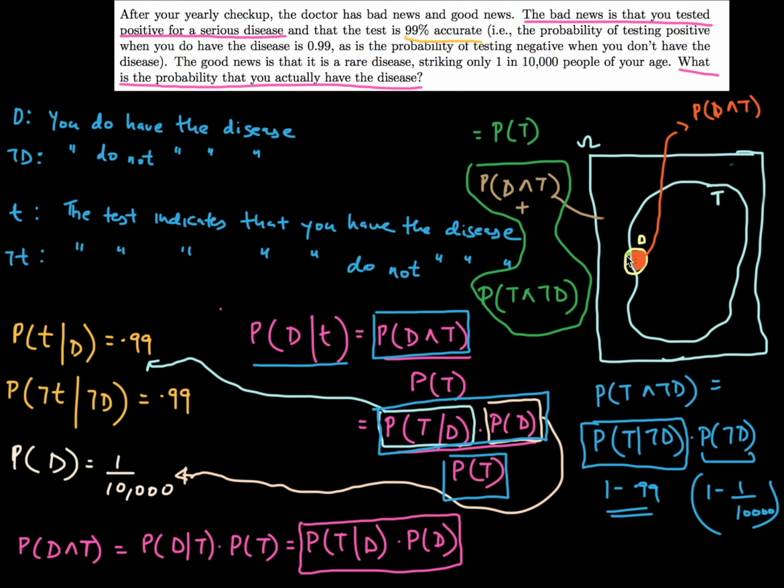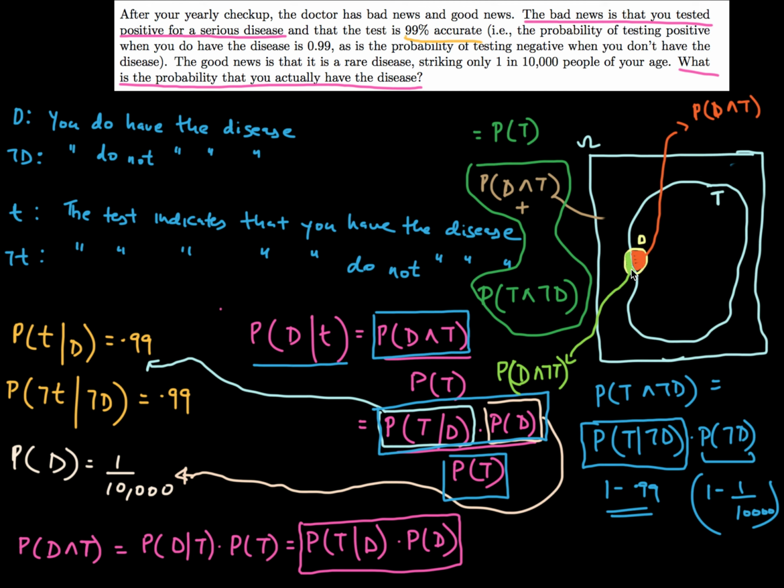This piece in green here, these individuals also have the disease, but keep in mind, for these individuals the test has indicated negative. So I have D and not T, and over here I have D and T.